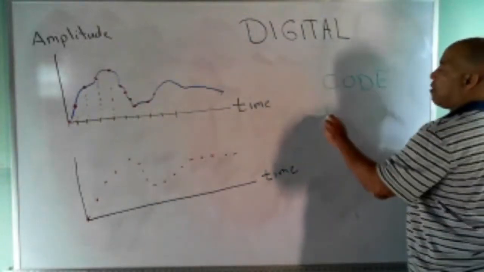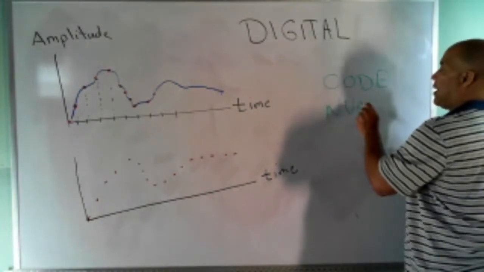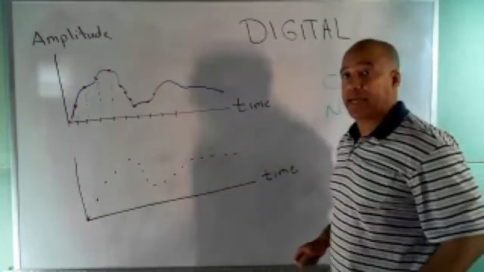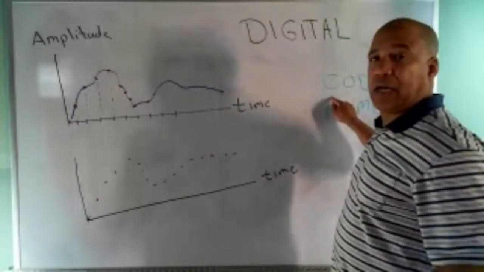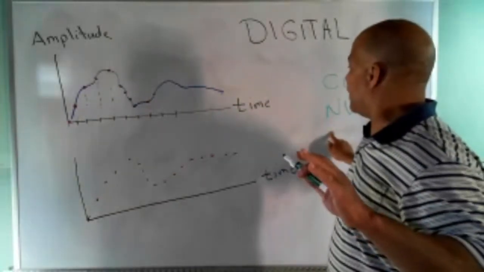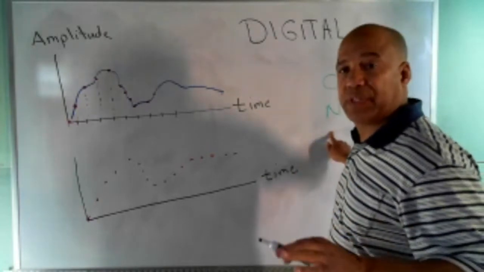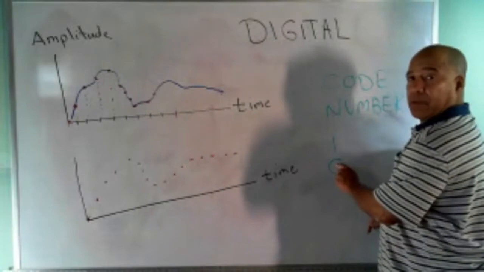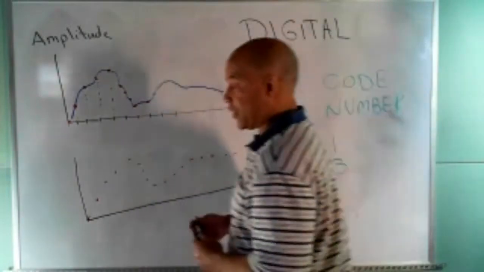For right now, we'll think of a number and a code as the same thing, but they're really different. I'll explain that next week. But I've got a numeric number or code. The only thing is, the digits that I use to represent the code can only be a 0 or a 1. So what I'm saying is this.